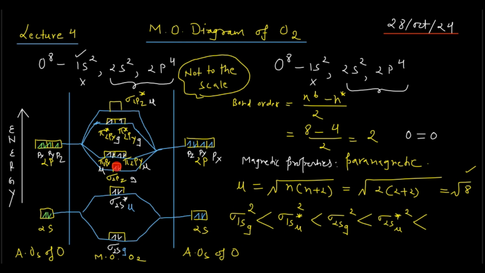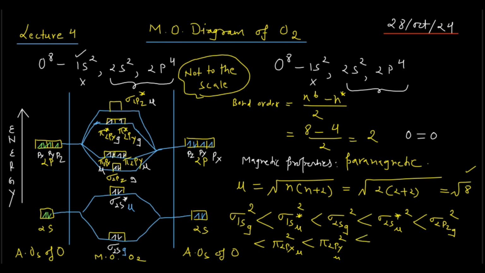After that you are having sigma 2pz gerade, in case of the sigma bond, right? So the next higher energy orbital available is sigma 2pz gerade, and it is also having 2 electrons. And after that you are having pi 2px ungerade with 2 electrons. And next is pi 2py ungerade, it is also having 2 electrons.